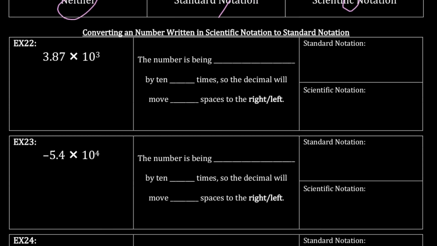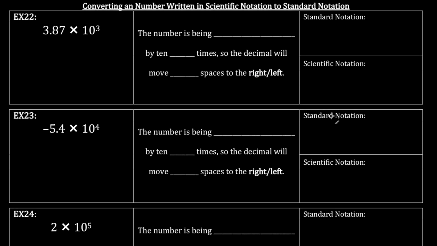Let's look at this last section. So we're going to convert a number written in scientific notation into standard notation. So we have 3 and 87/100 times 10 to the third power.